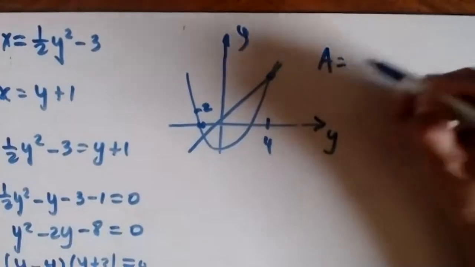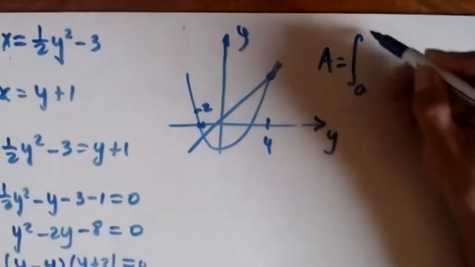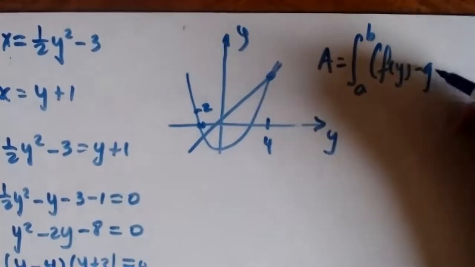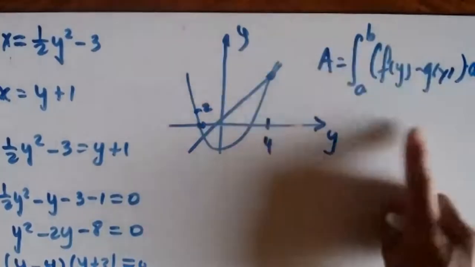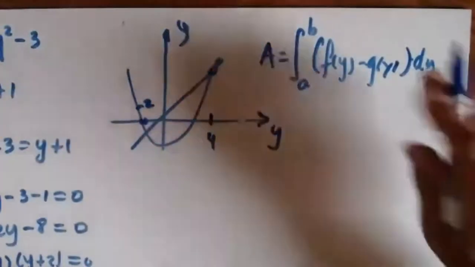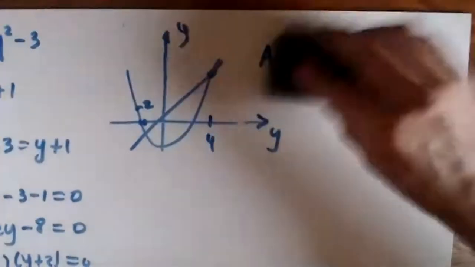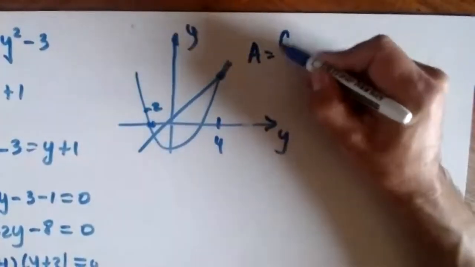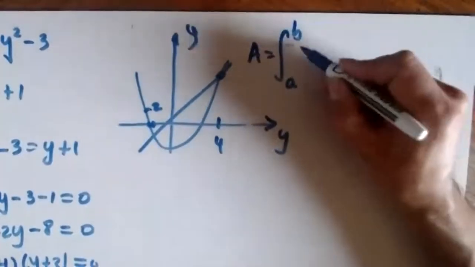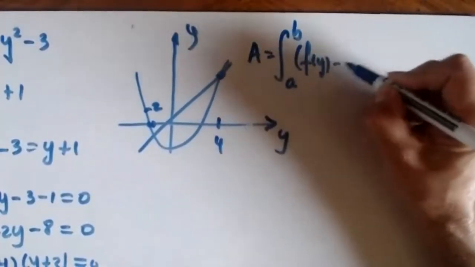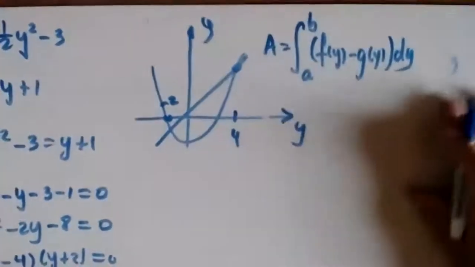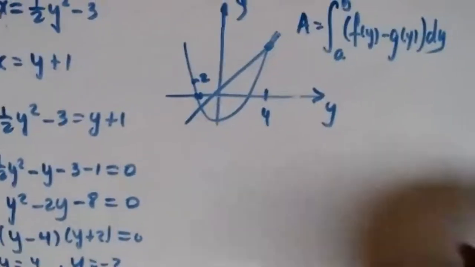So the area is the integral from a through b of f of y minus g of y dy. The variable is not important in the integration, correct? The only thing you have to do is ask, who is my f of y?